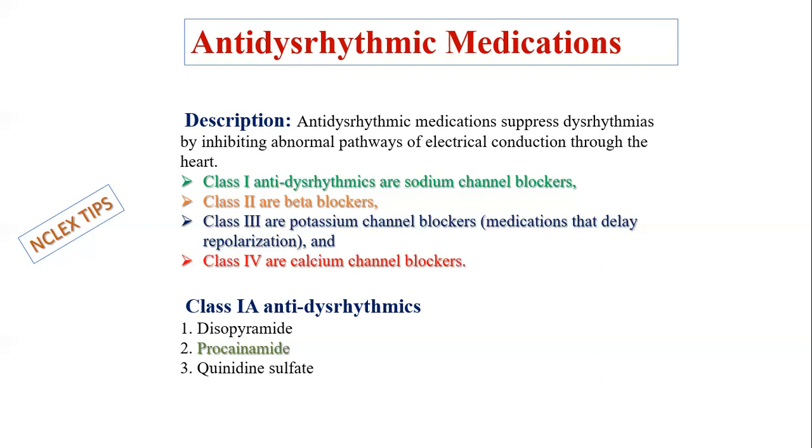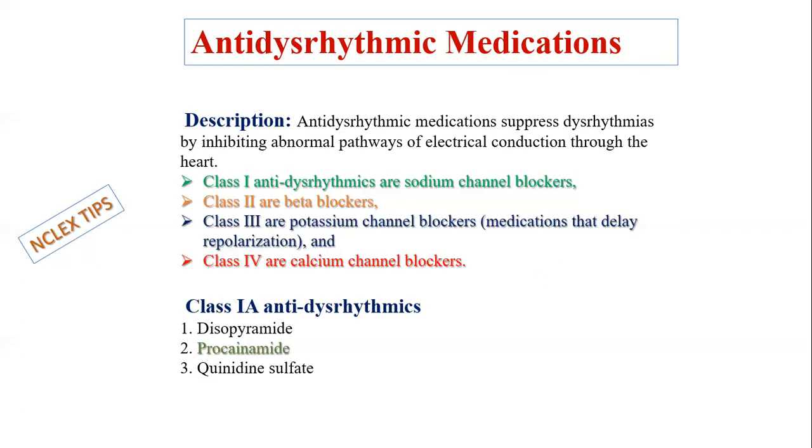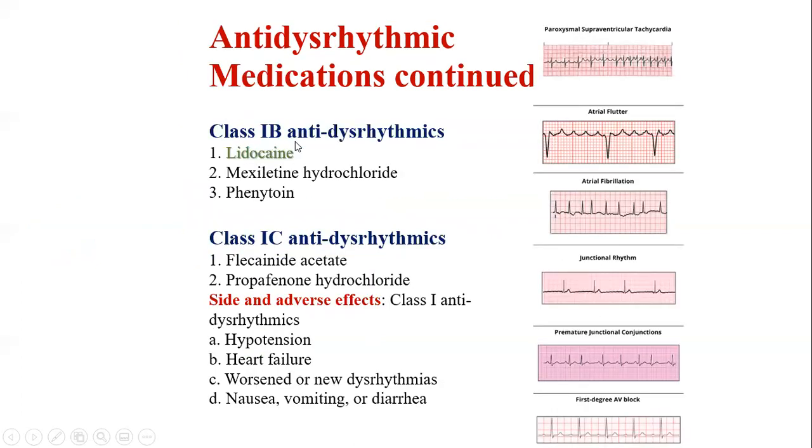Let me explain every class in more detail. Class 1 is again subdivided into class 1A, class 1B, and class 1C. The most commonly used class 1A antiarrhythmics are procainamide or quinidine sulfate. Class 1B antiarrhythmics are lidocaine.